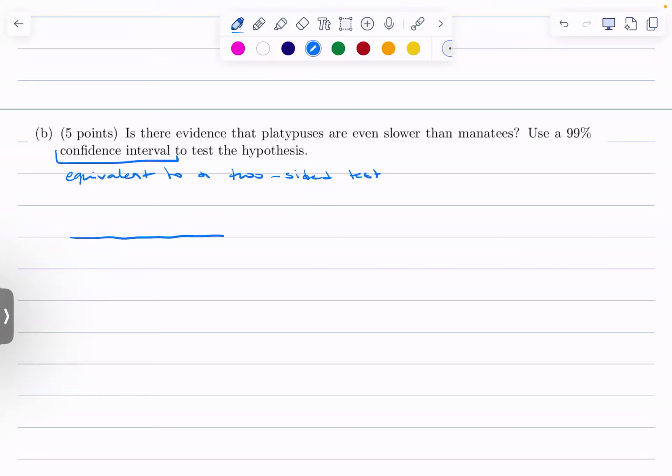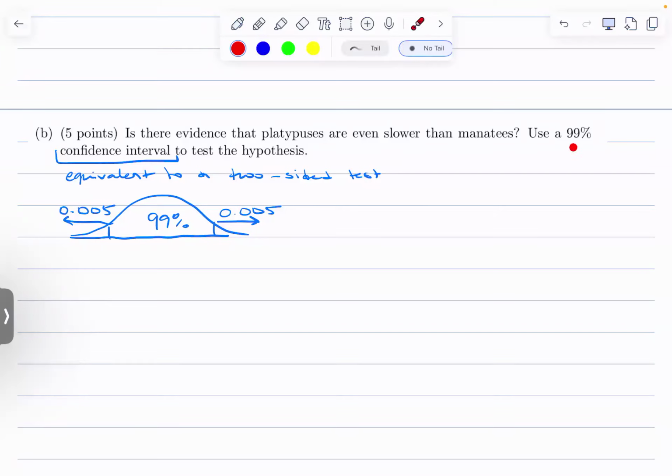In fact, if we have a 99% confidence interval, I have 1% left over, okay? Which means that my 1%, or 0.01, is split evenly amongst the tails. And so then 0.005 here and 0.005 here.